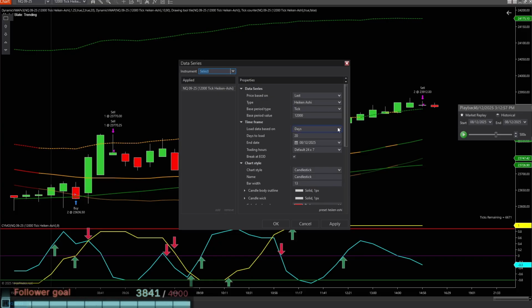If you're going to set this, go ahead and set it to tick. Make sure you've got your Heikin-Ashi candles. You set it to tick, it's 12,000, and this goes right here in this little box, okay? And then you set your dates to load right there. You want to give it at least 20 days just to make sure the algorithm has enough data to process. Now, because I'm looking at the overnight session as well in this little competition we're doing over at NinjaTrader, I set the default trading hours to 24/7.